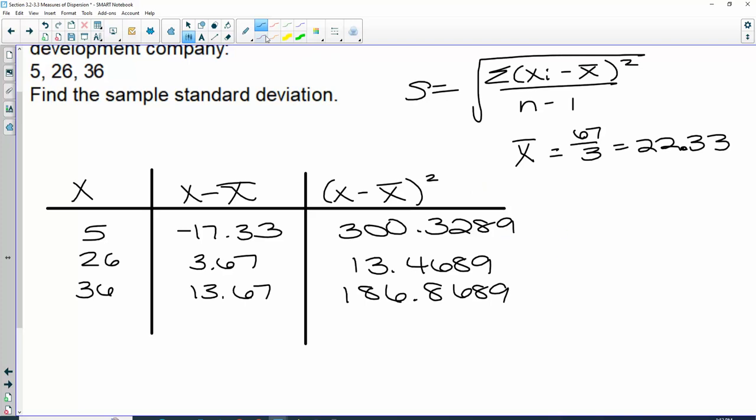So, now the sigma symbol means we add those up. So I would add these three numbers.